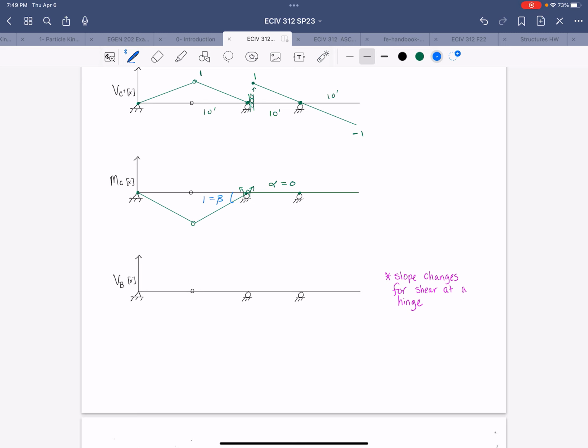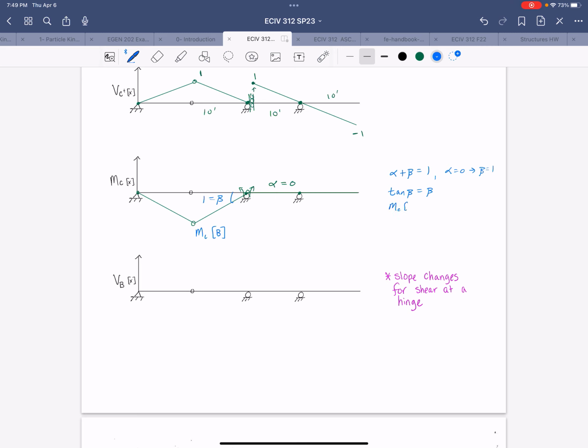Now, since alpha is equal to 0, beta has to be equal to 1. And then to calculate the moment at C when the unit load is at B, we're going to do a little math over here. So we know alpha plus beta is equal to 1. Alpha is equal to 0, so beta must be equal to 1. And then from small angle theory, we can say tangent of beta is equal to beta.